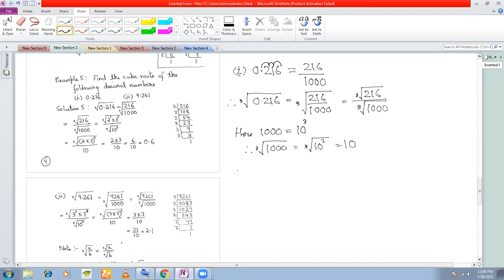And now in order to find out the cube root of 216, you can prime factorize. Okay, so you have triplets here.